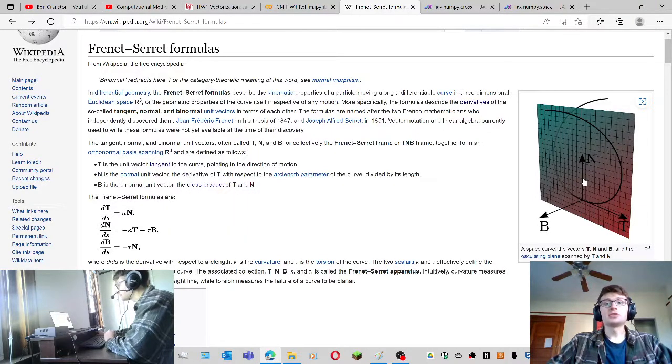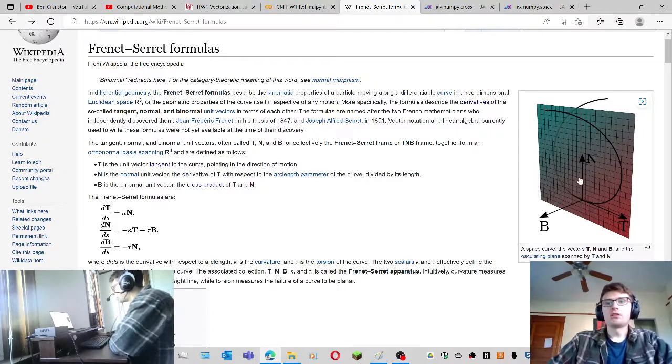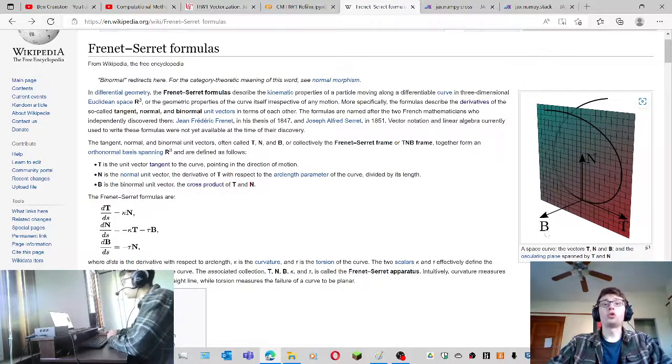Then n will give you the x values of the plane, and b will give you the y values, or either or; it doesn't really matter. You can use these two vectors, which are both perpendicular to the curve, to build a plane that is always perpendicular to the curve at a specific point.